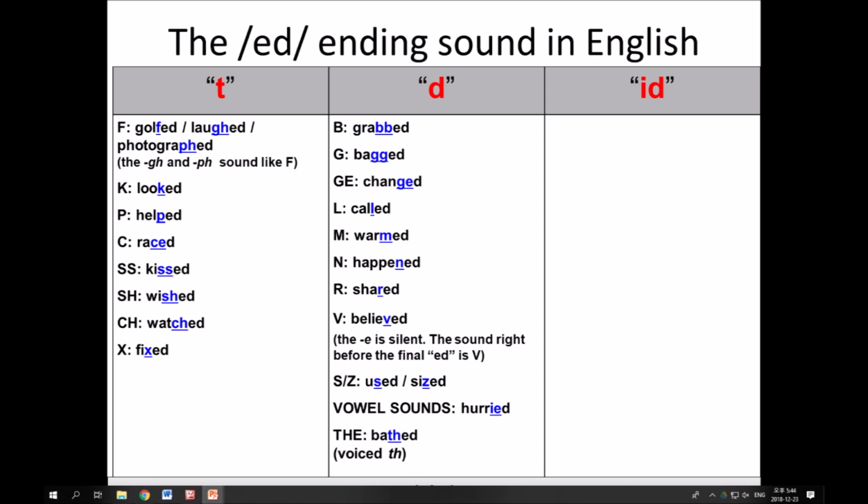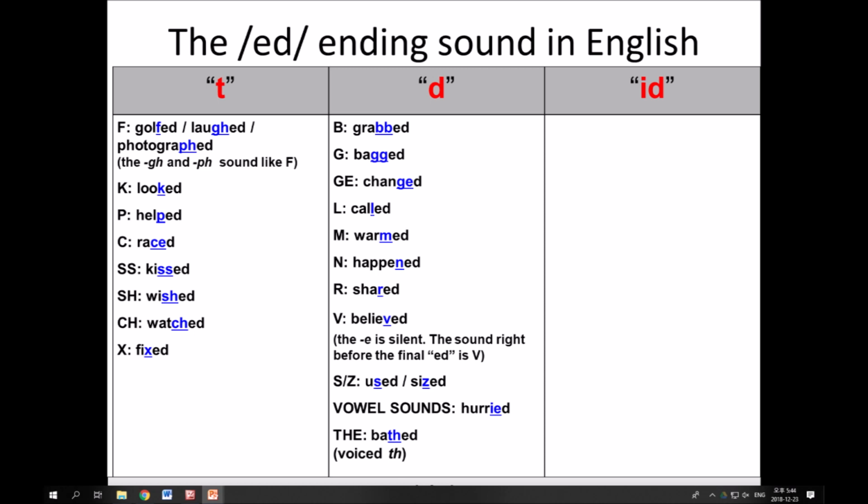So bagged. All right, and the GE sound. So, for example, in the word change, to make that past tense, the pronunciation is changed. And the L sound, called.